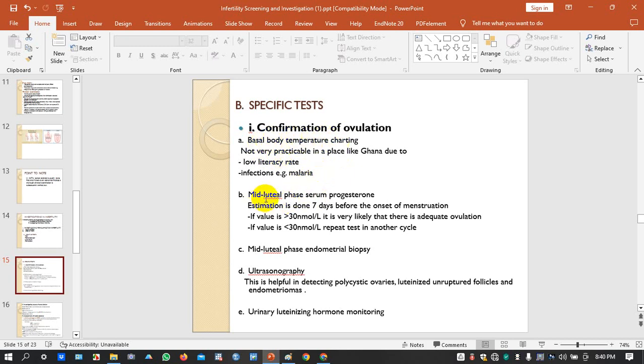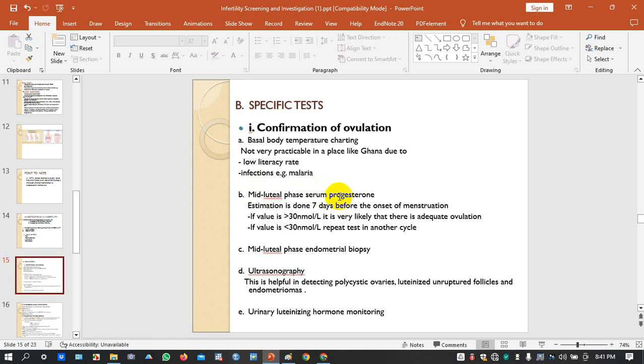We also look at mid-cycle or mid-luteal phase serum progesterone, meaning that mid-luteal occurs around day 21. Last time I was telling you in the physiology of the female reproductive system that we have the 21-day progesterone.